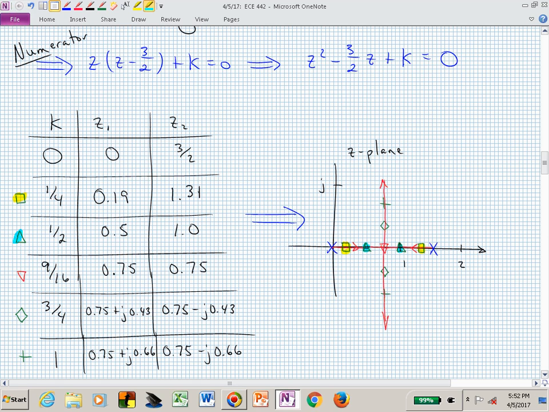So the pole at the origin is moving to the right. The pole at 3/2 is moving to the left. And as I crank up K, if I get to 9/16, now they're right on top of each other. If I crank it up a little bit more to 3/4, I've moved off the real line, and now I'm up to the diamond. And if I crank up the gain K to 1, now I'm at the plus sign.